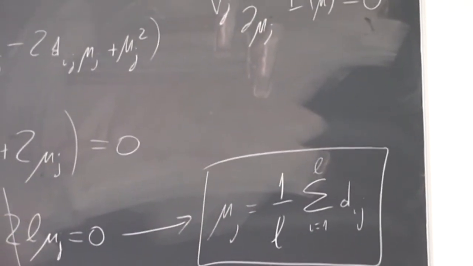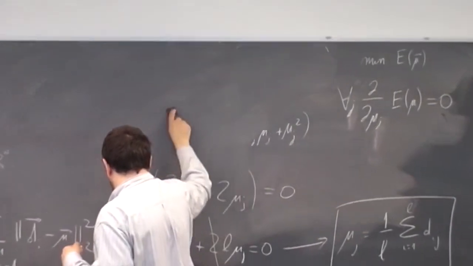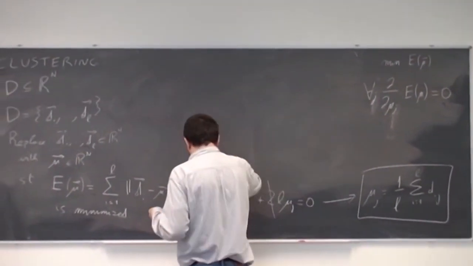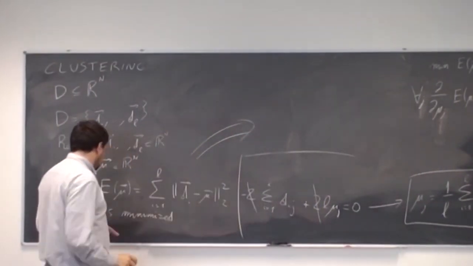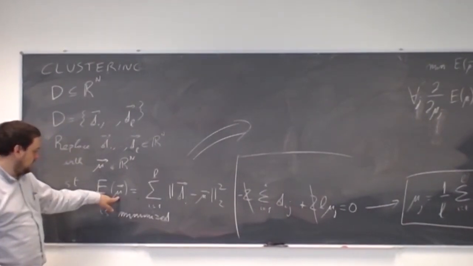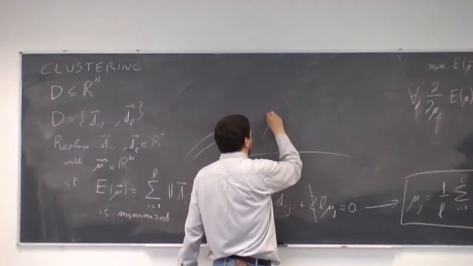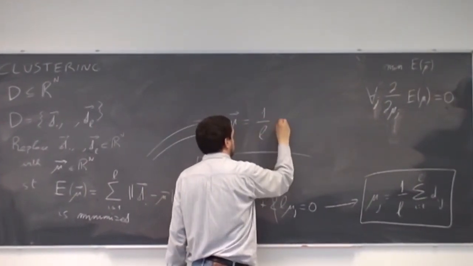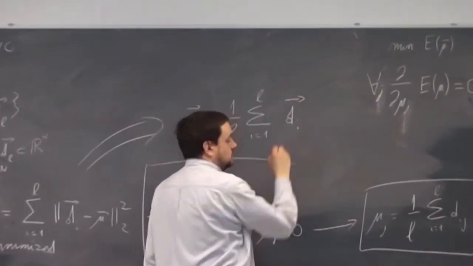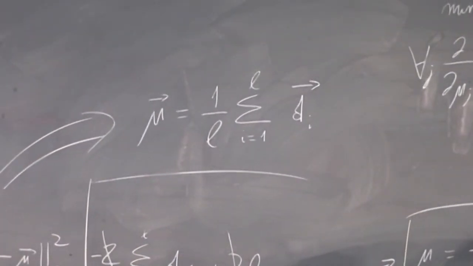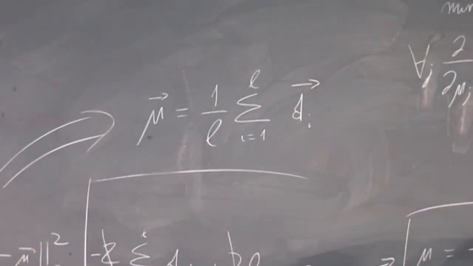So we get that the vector that minimizes this error is the vector that we obtain by computing this exact equation for j going from 1 to n, so in vector form.